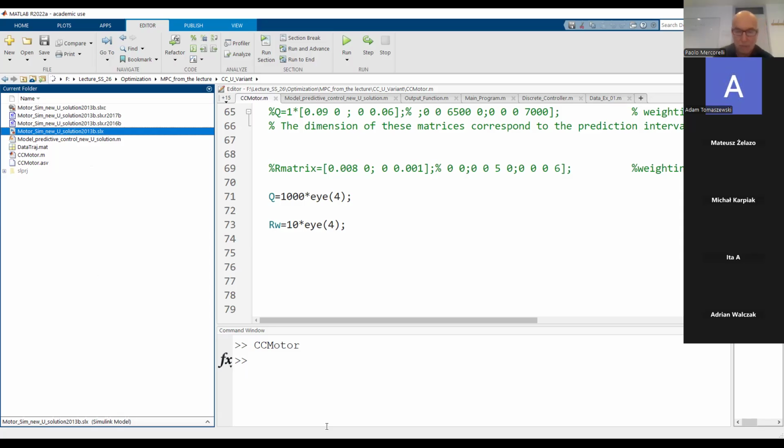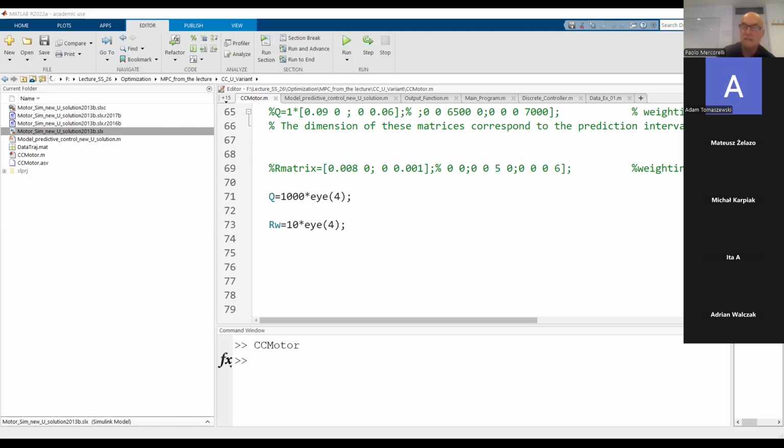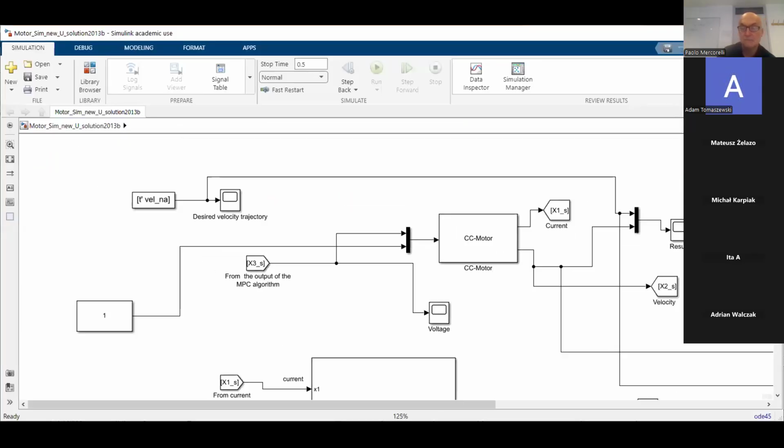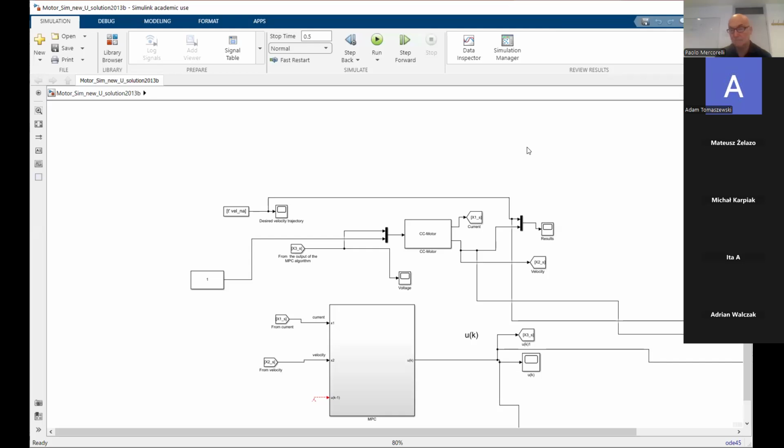In the meantime, I look for the data. Okay, let me share. It seems to be working.